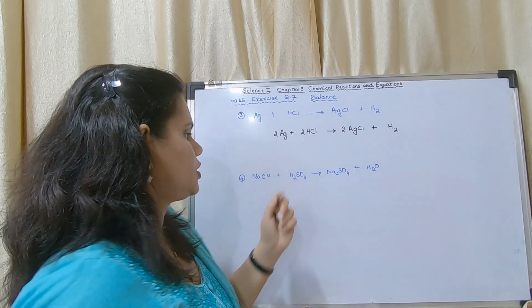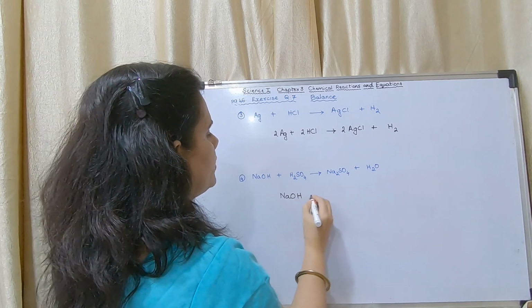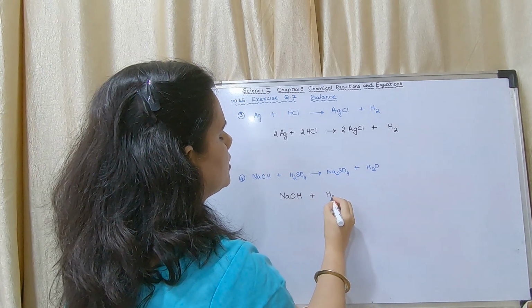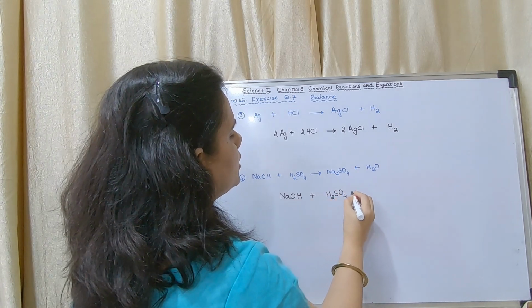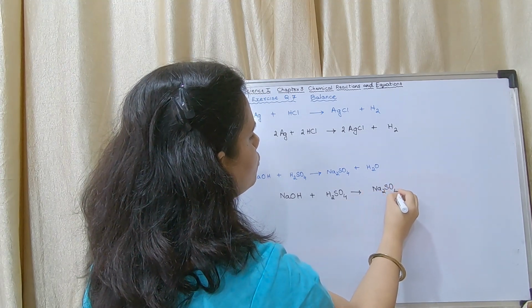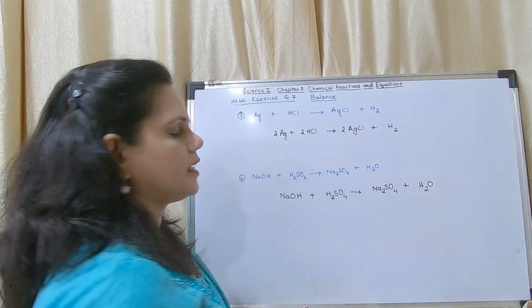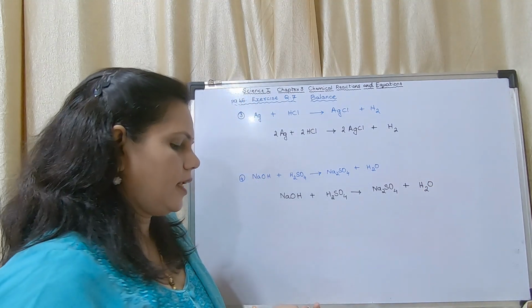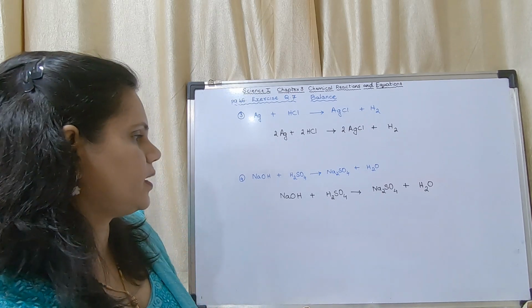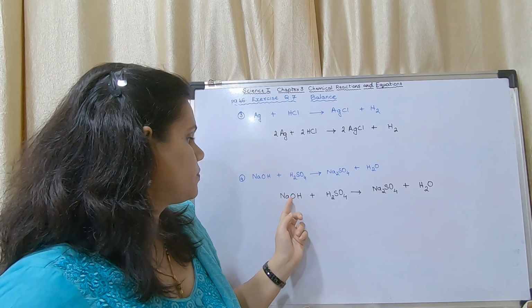Now the next one, NaOH plus H2SO4 gives Na2SO4 plus H2O. This is the equation. Now I will see first, Na: 1 Na, 2 Na.